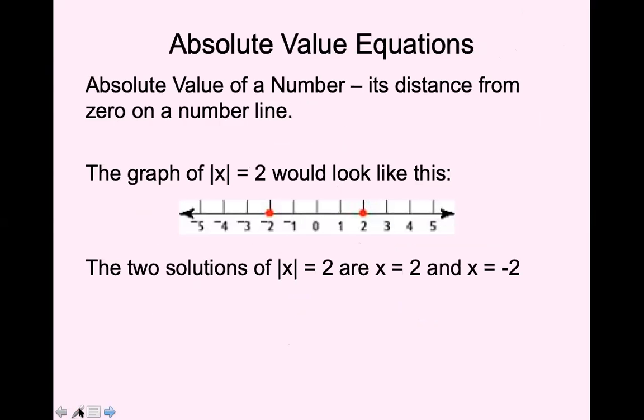They are both 2 units away from 0 on a number line. +2 is 2 units from 0, and -2 is 2 units from 0. The solutions of the absolute value of x equals 2 are x equals 2 and x equals -2. So go to our next slide.